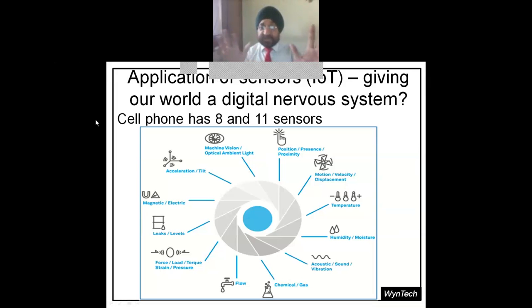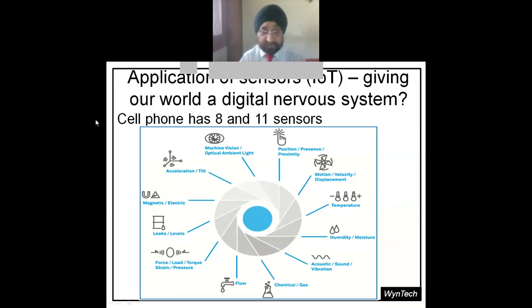Now, it's a small example that our cellular phone, each mobile phone, is having 8 or 11 sensors. Every smartphone is having that many sensors. Which ones are they?